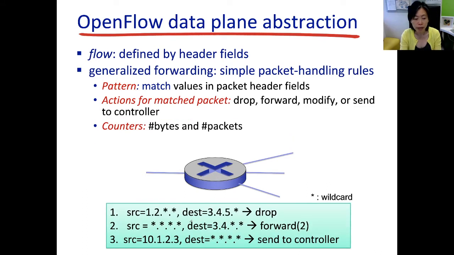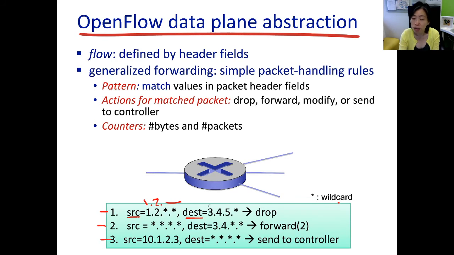To be more concrete, let's look into 3 examples. In all 3 examples, we look at the source address and the destination address header fields. In example number 1, we want to match the source address being 1.2.*.*, where the asterisk means wildcard, meaning arbitrary values for the last 2 octets.